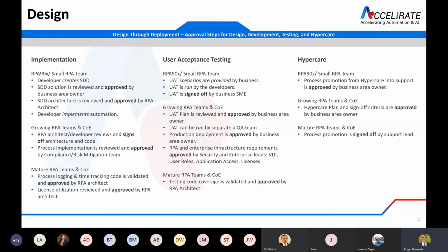Moving forward to user acceptance testing, there's a similar kind of checkpoints, but really initially it's just, do you have a UAT and is it properly designed to test the process?